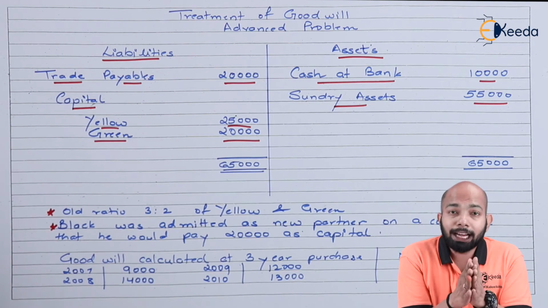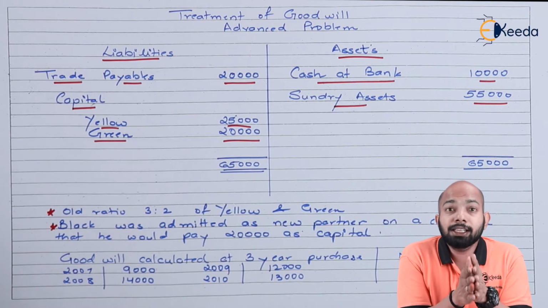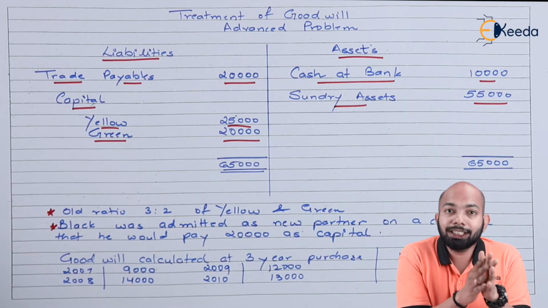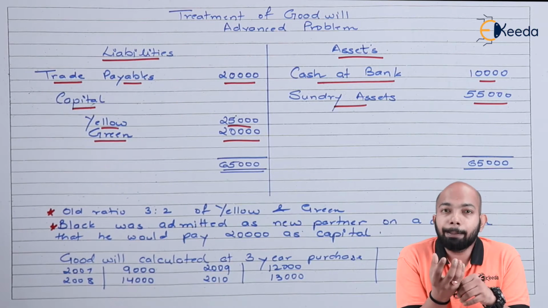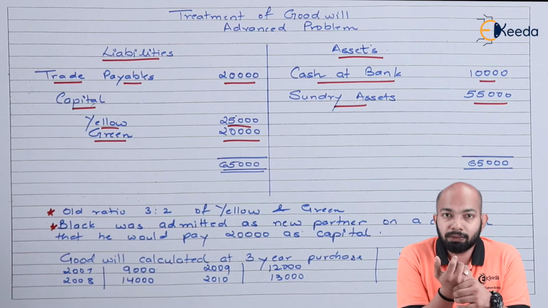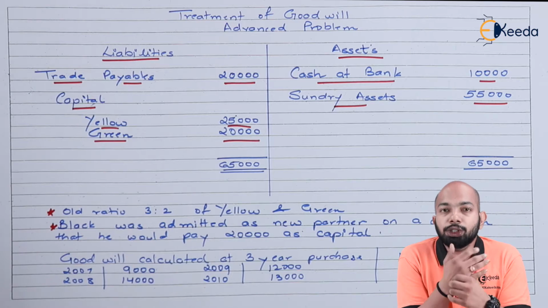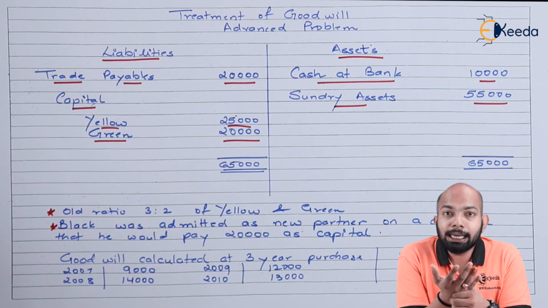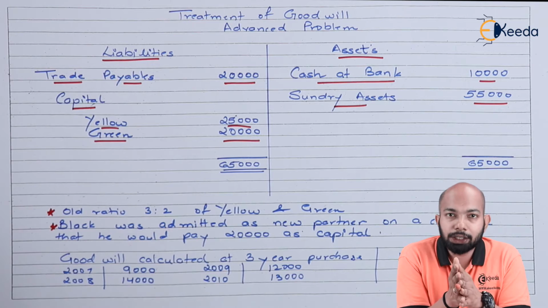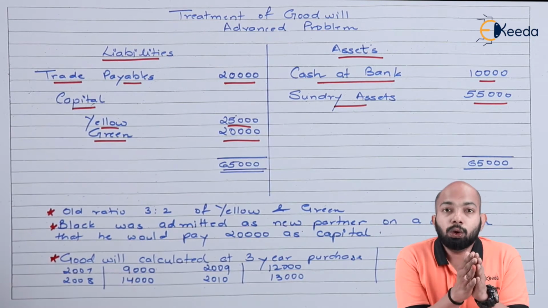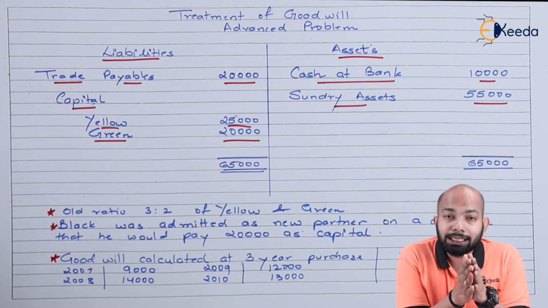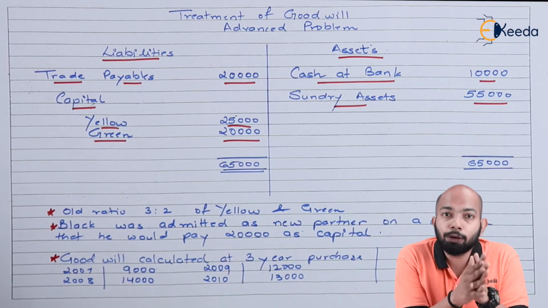A new partner, Black, was supposed to be introduced in this firm with the condition that he would pay 20,000 as capital. So 20,000 as capital is supposed to be brought in by this partner, and that has to be further shared with the existing partners in the sacrificing ratio. Goodwill calculation was done for 3 years purchase on the basis of the average profit method.